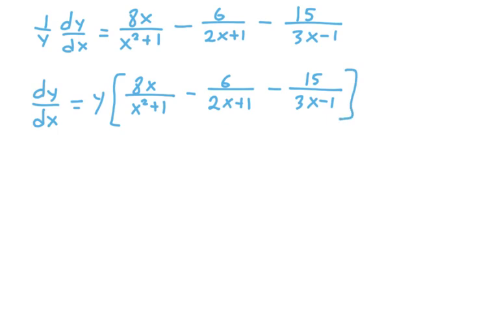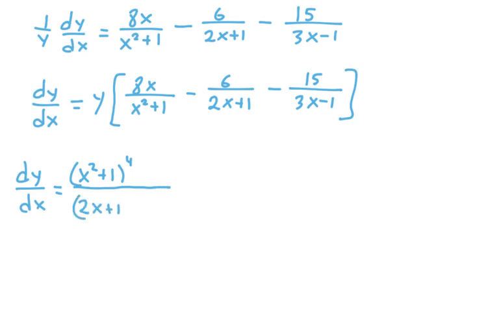Now I just have to substitute in y. So dy dx is (x squared plus 1) to the 4th divided by (2x plus 1) raised to the 3rd times (3x minus 1) to the 5th.